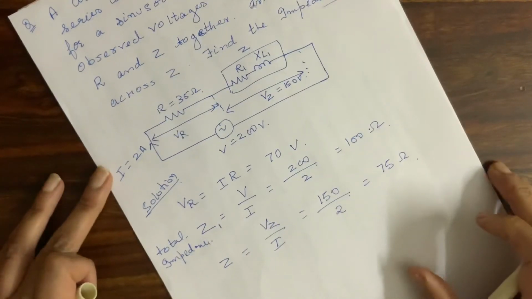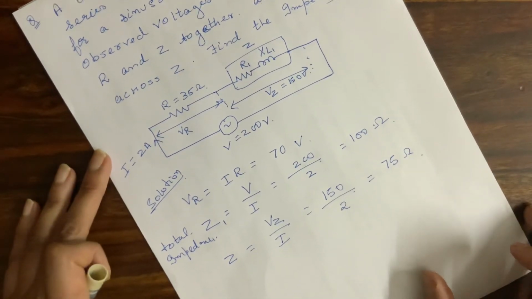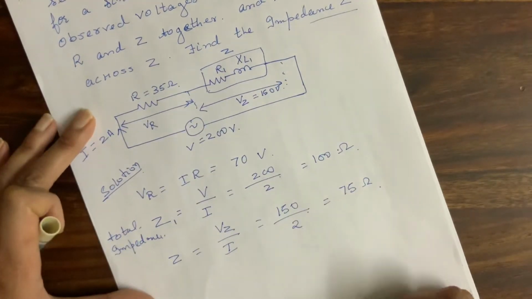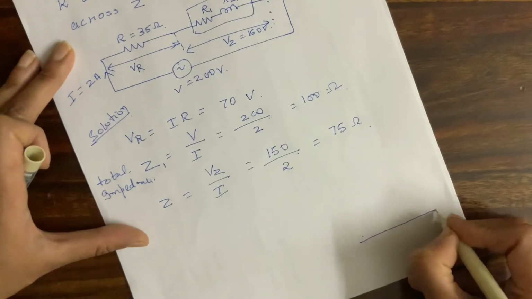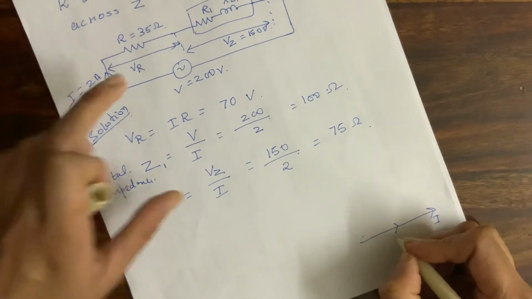So let's find the phasor of it. Maybe after making the phasor, it will be easier for us. The phasor is very easy for such circuits. Since we are taking a series circuit, take current as base. In this base, these both are in phase. Which drops are in phase?